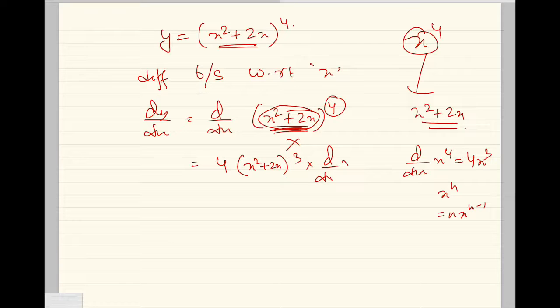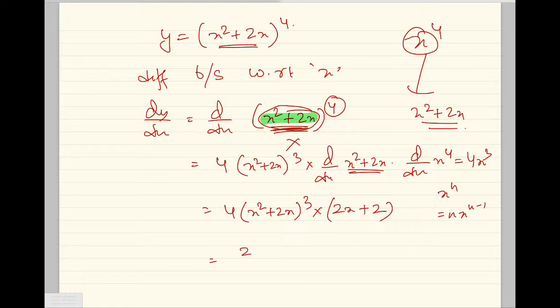What should I differentiate now? I should differentiate the bracket, because this was what was left out. So 4 times x squared plus 2x whole cube into d dx of x squared plus 2x, and d dx of 2x is 2. So I get 2x plus 2 into 4 times x squared plus 2x whole to the power 3.